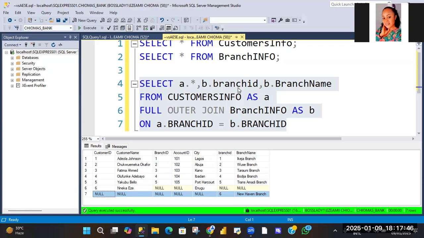So that's where we're going to end today's lesson. Thank you all for your focus and engagement in today's lesson on SQL Join. We've explored the different types of join: inner join, left join, right join, and full outer join, and discussed how each helps us combine data from multiple tables effectively.